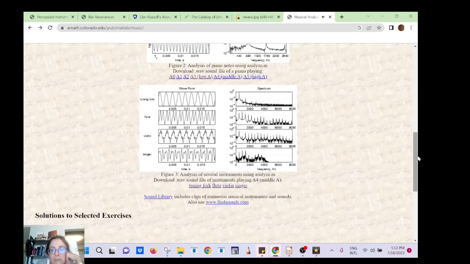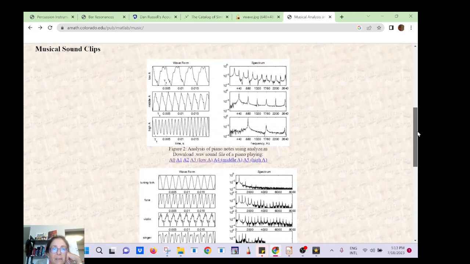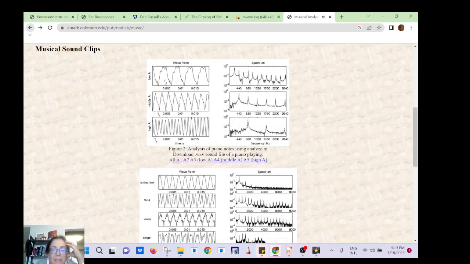So they don't sound the same here. So you have a piano, and you go from one note to the other one. You can compare the waveform and look at the frequencies here.